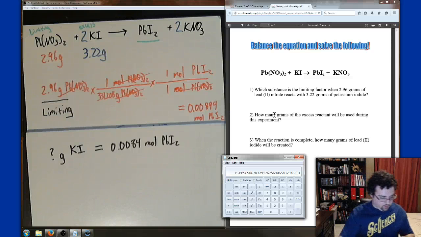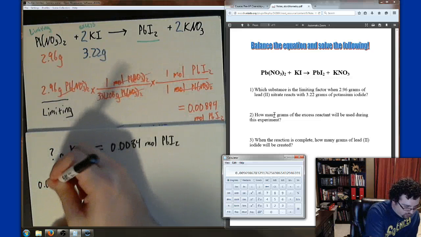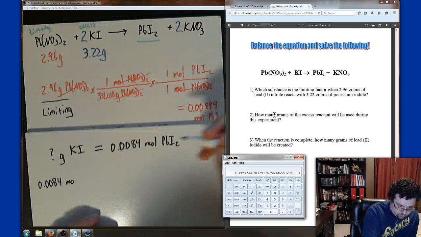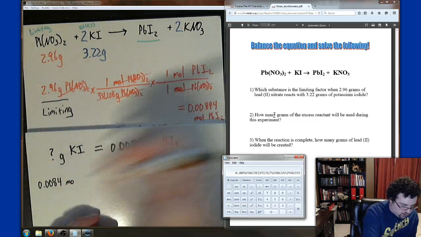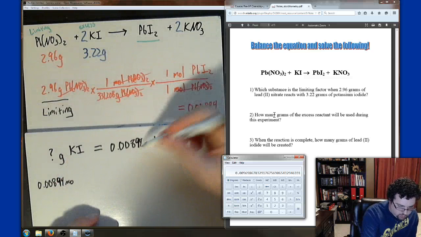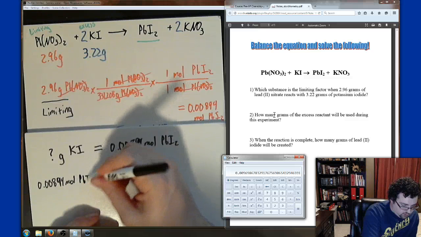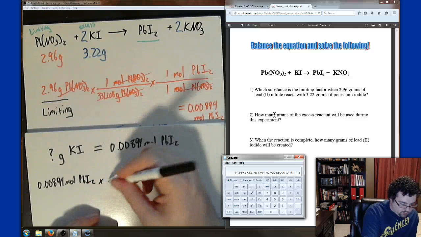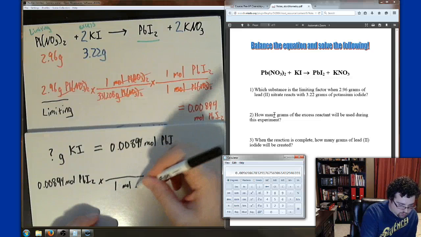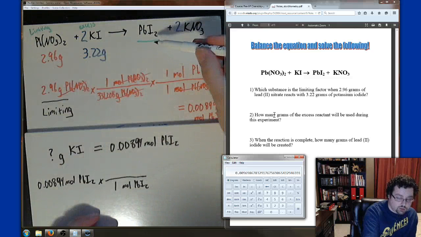Okay, so 0.00894 moles. Oh, sorry, 0.00894, my bad. That number, 0.00894 moles of PbI2 times 1 mole of PbI2 on the bottom. This is my molar ratio from the reaction.